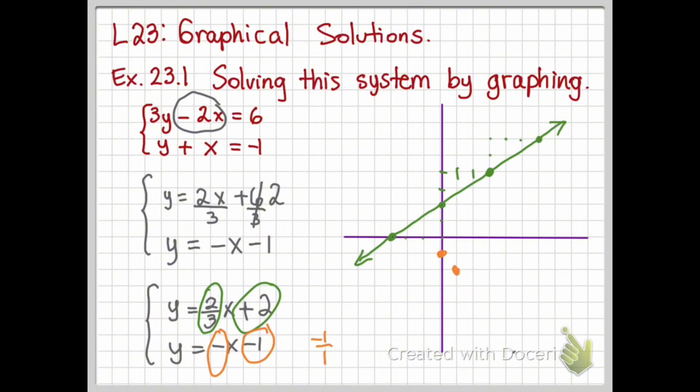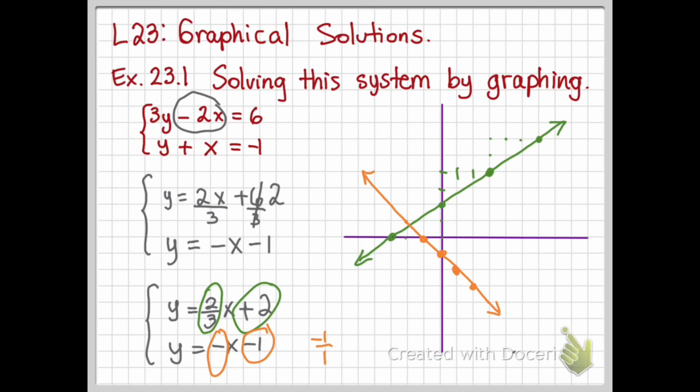And again, if I want to go the opposite direction, it would be 1 up, 1 to the left. So we have enough points now to draw our line, and that would be the second line.